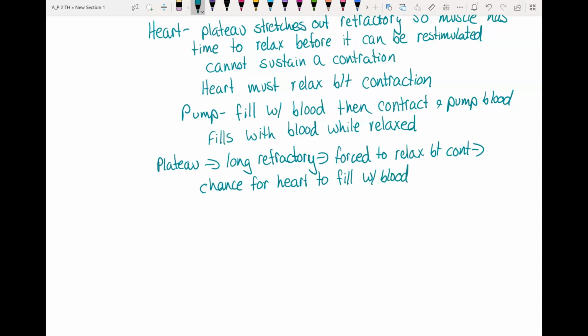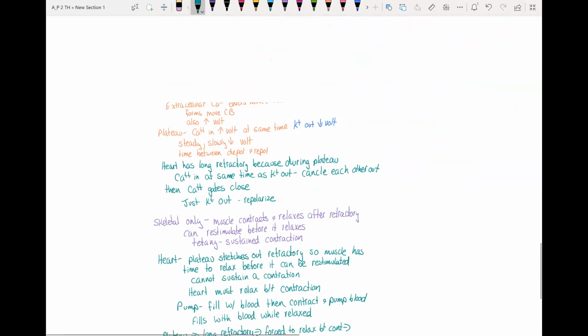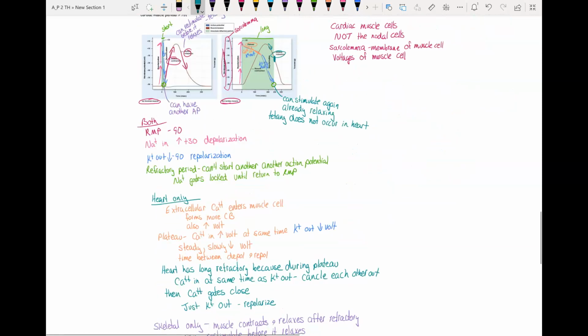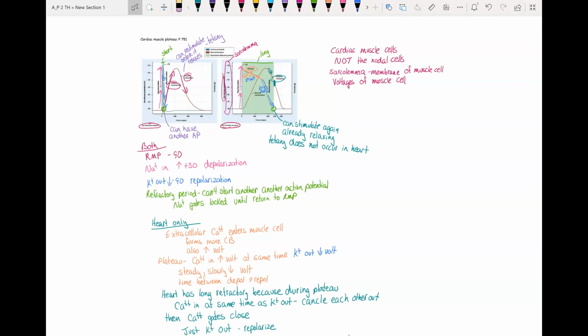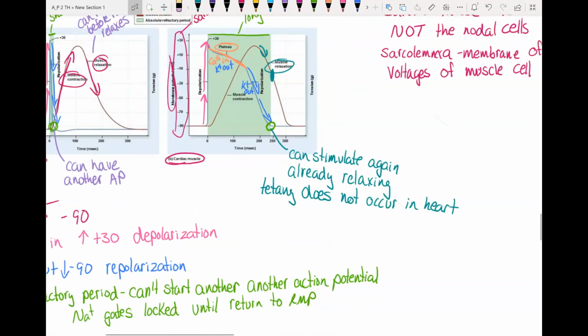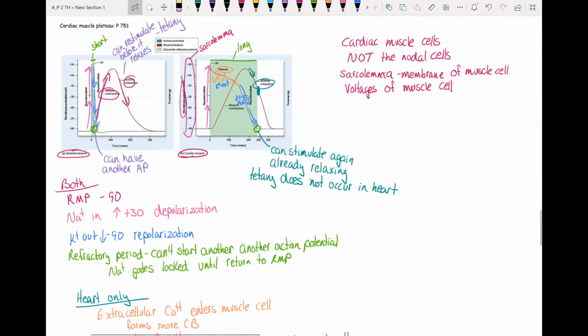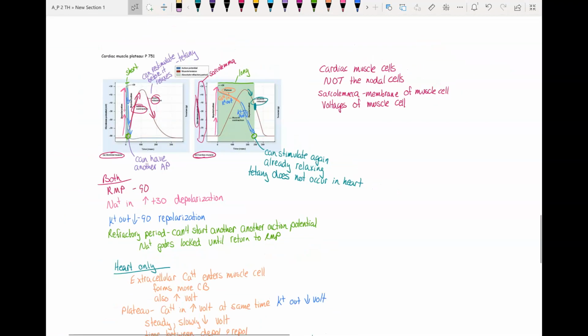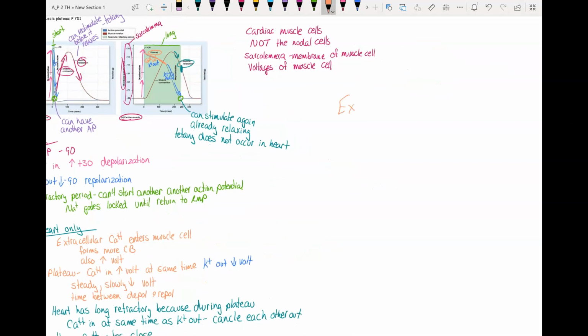And that's the significance of having the calcium coming in, in addition to making extra cross bridges. The calcium also provides the plateau. So this extracellular calcium that comes into your cardiac muscle does two things.